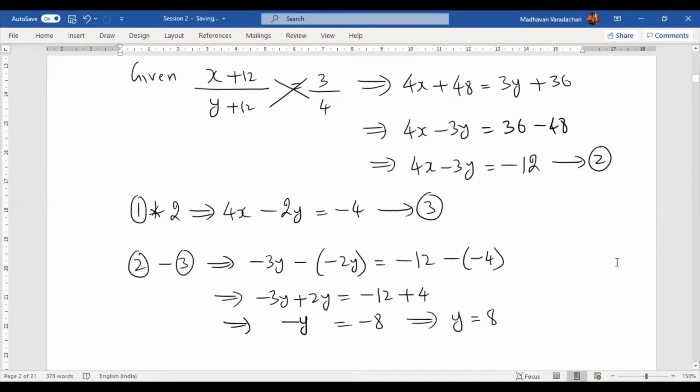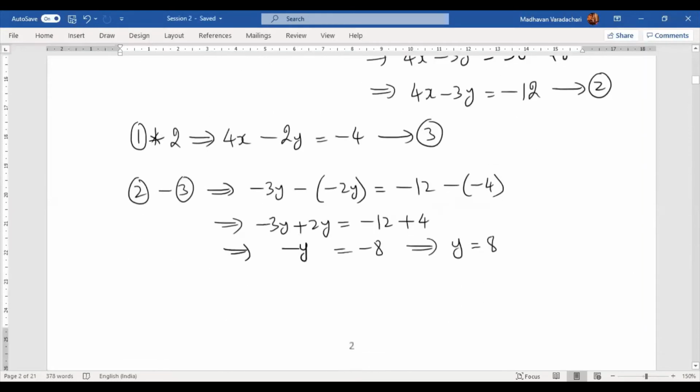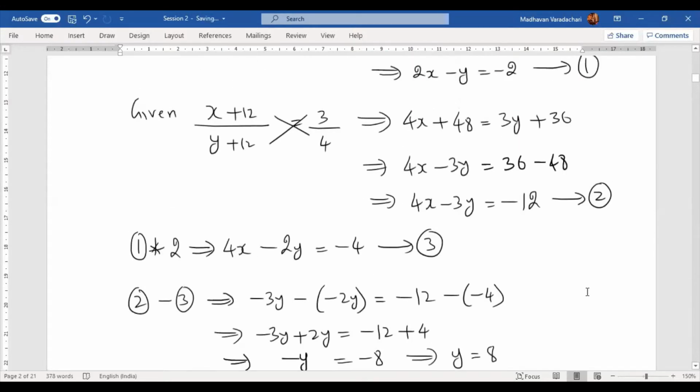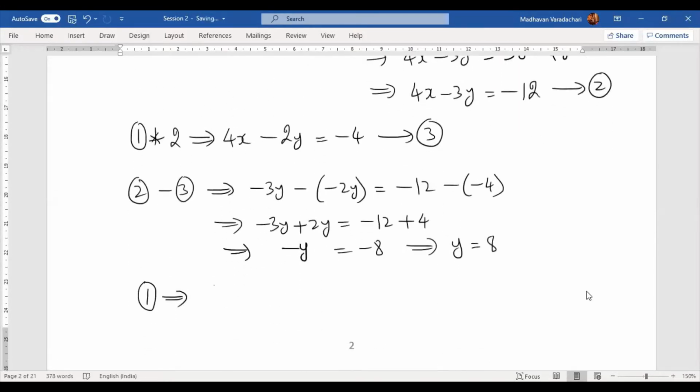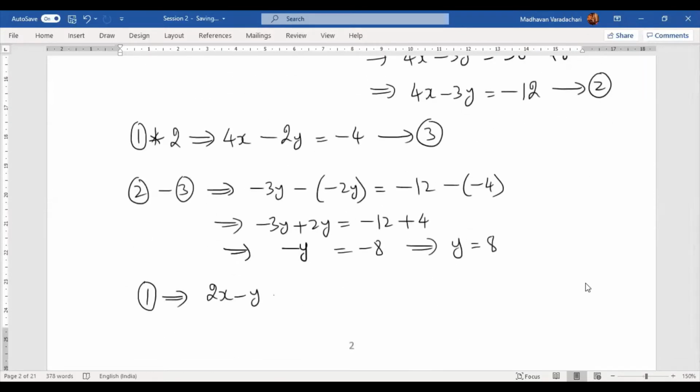Now that we got the y value, we can find the x value by using either of 1, 2 or 3. So let me use 1. First equation says 2x minus y is equal to minus 2.